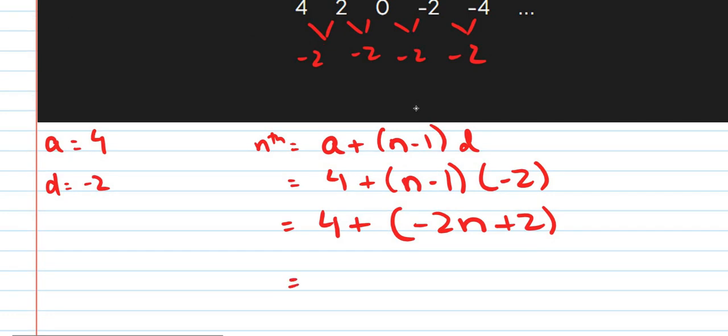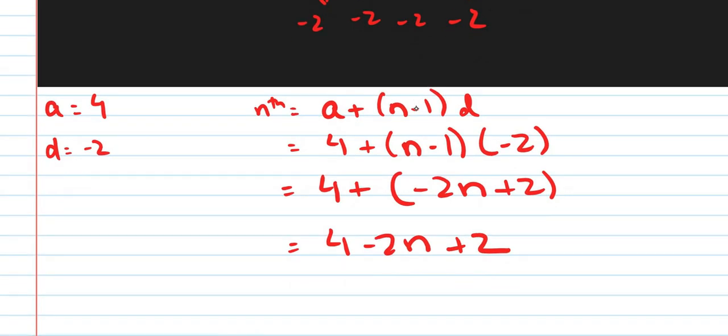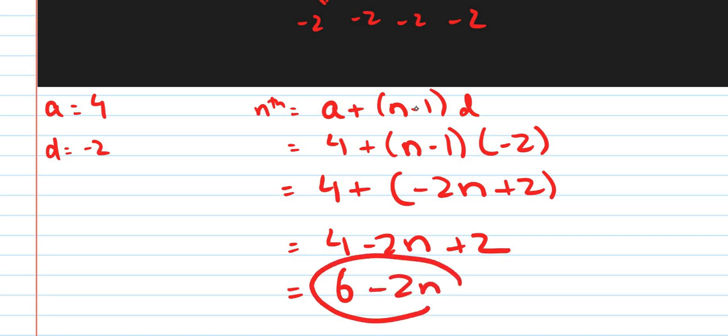So this becomes 4 minus 2n plus 2. So 4 plus 2 is 6. So the nth term of this sequence is 6 minus 2n. This will be your answer.